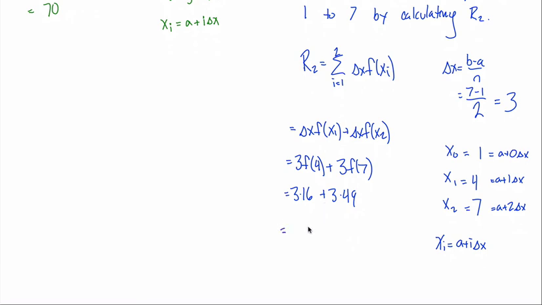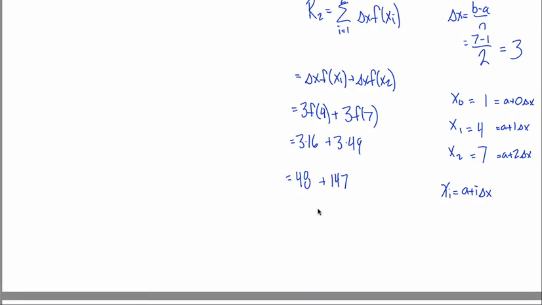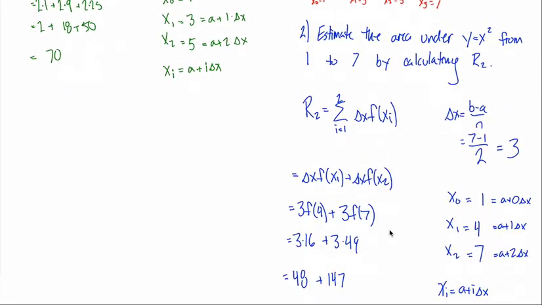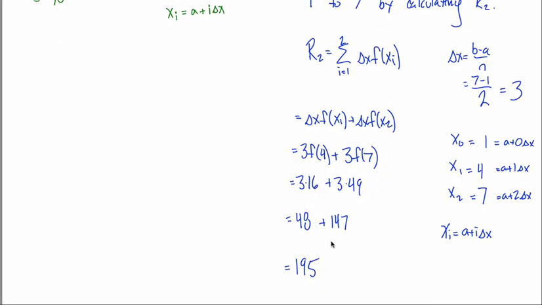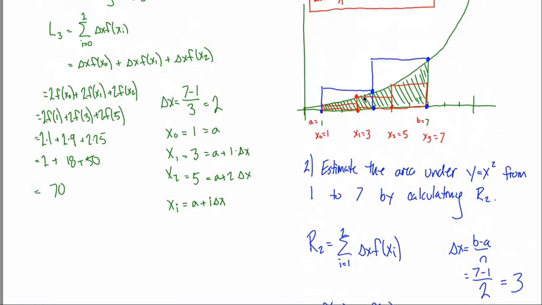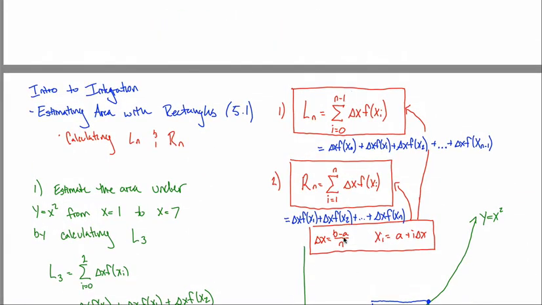Now I just go through and add up and multiply some numbers. 3 times 16 is 48. 3 times 49 is 147, I think. And 147 plus 48 is 195, I think. But really, I don't even care so much about the numbers. You could have gotten the numbers a lot easier just from looking at the pictures. What I want you to get out of these is understanding these formulas. These formulas have to make sense.